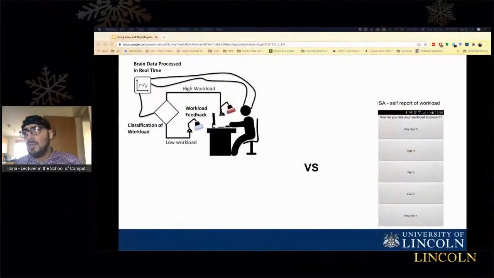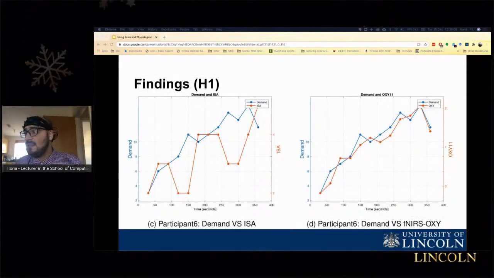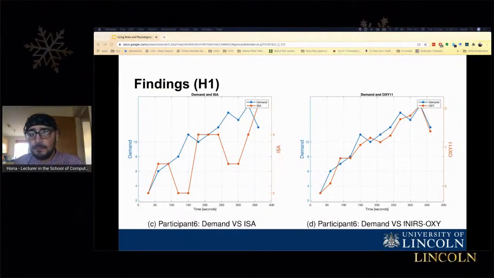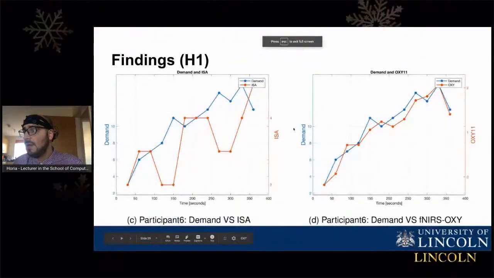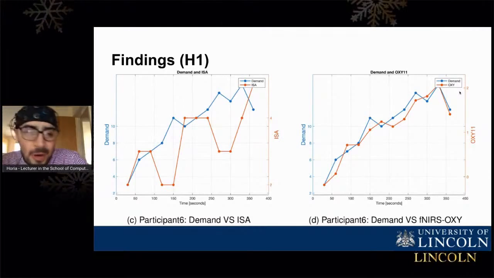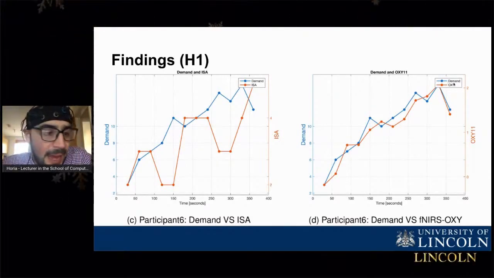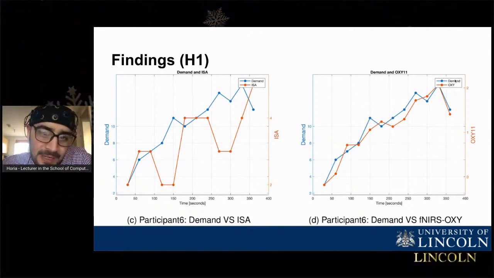Okay, so this is some more details about the study. I'm not going to go through this. But as you can see, this graph is interesting because you should look at the right-hand side graph. In it, you can see demand, and oxy stands for oxygen in the brain, so it's actually the brain activity.